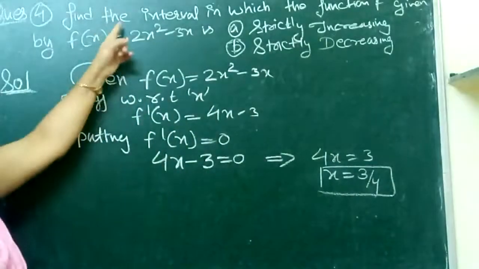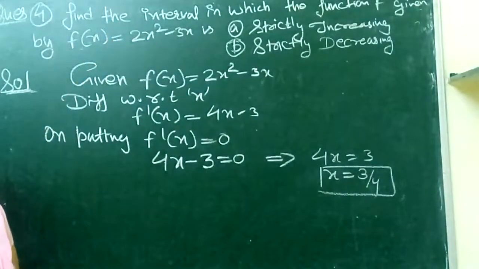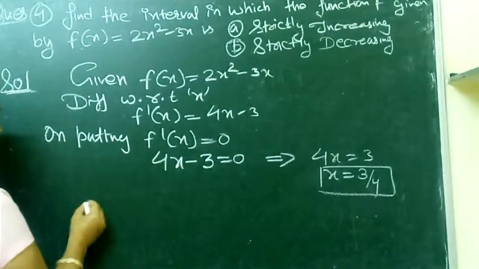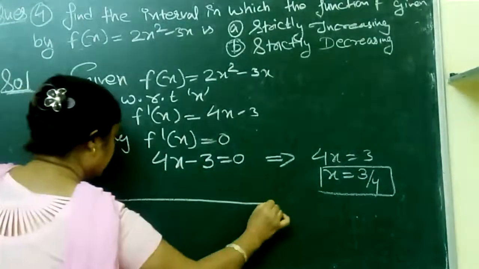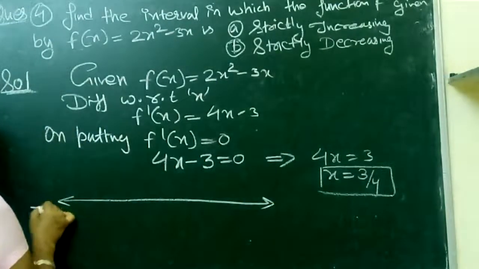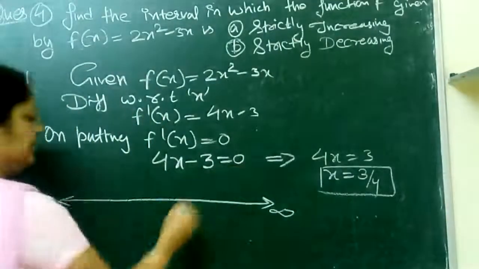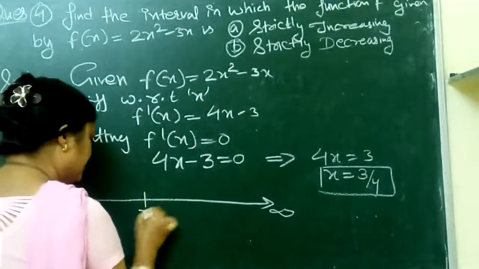Now we have to find out the interval for strictly increasing or strictly decreasing. So what we will do here, you can see this. Let it be minus infinity and infinity, and let 3 by 4 be here.